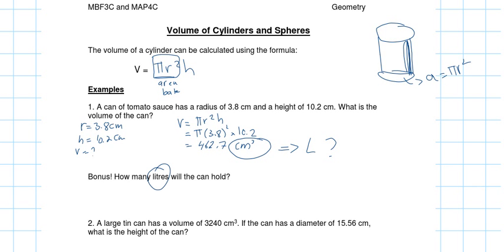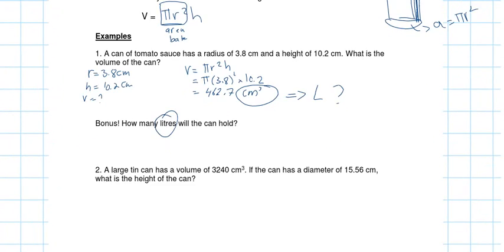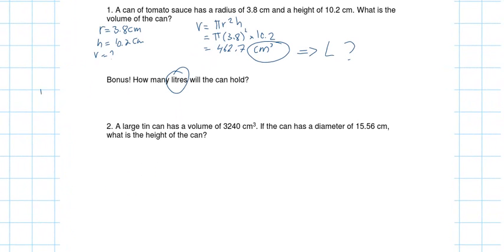So when you read it, it says liter, centimeter cube, 1,000. So that means for every 1 liter, it's equal to 1,000 centimeter cube.